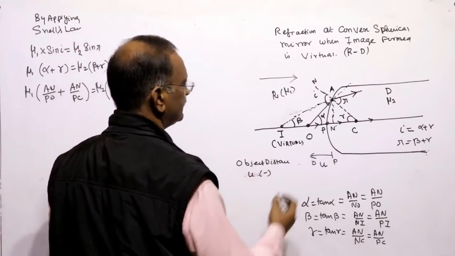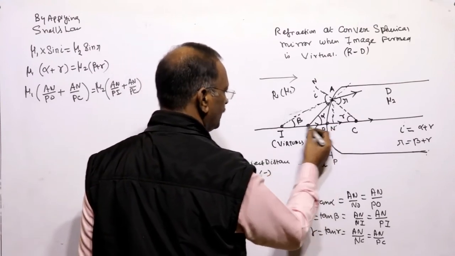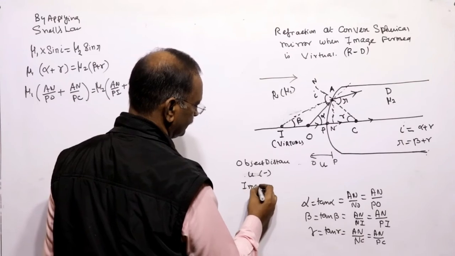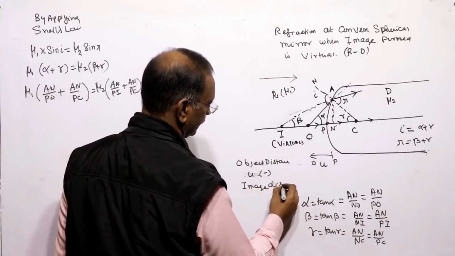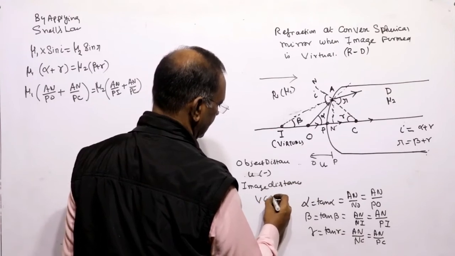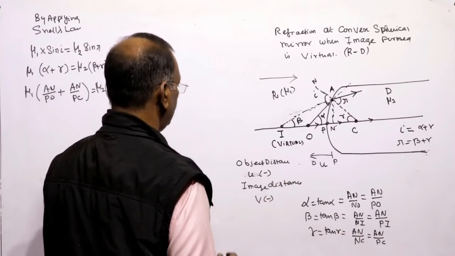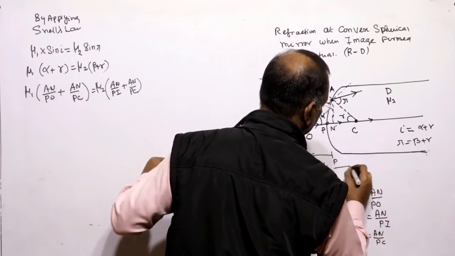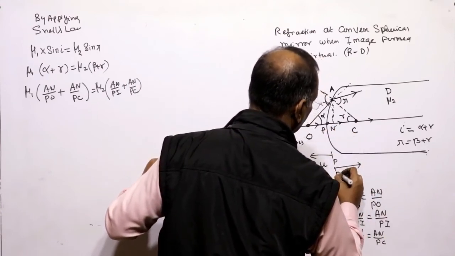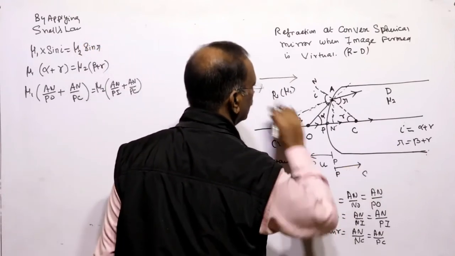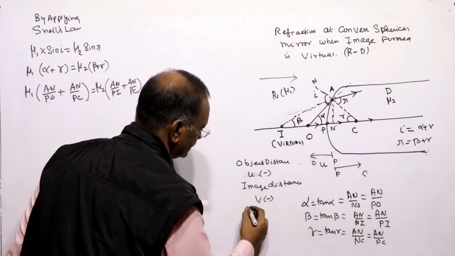Same for the image distance: pole to image is against the ray direction, so image distance v is a negative value. And P to C, we are going along the ray direction, therefore P to C is a positive value.